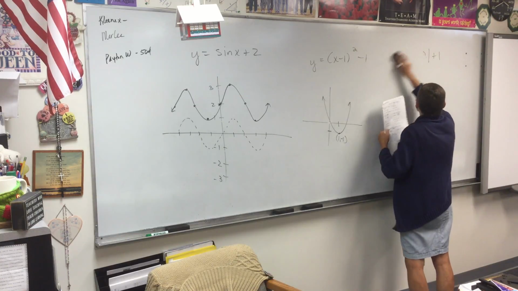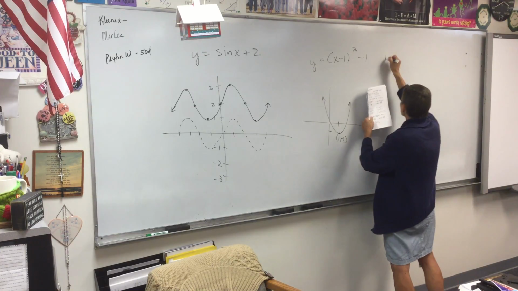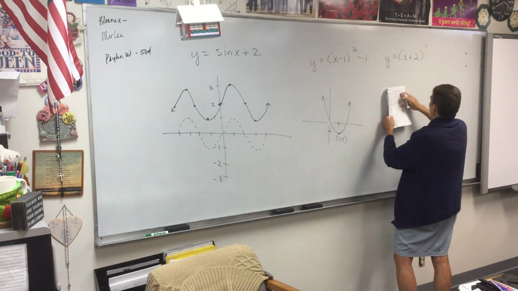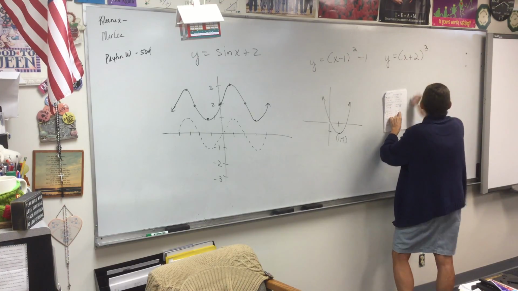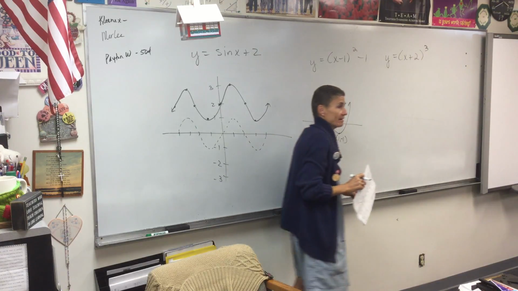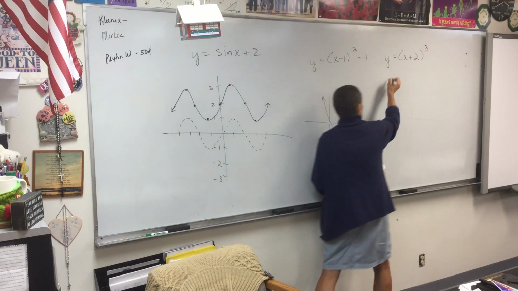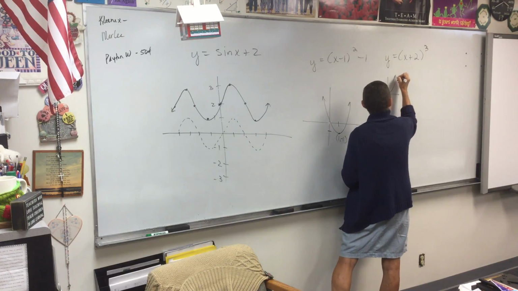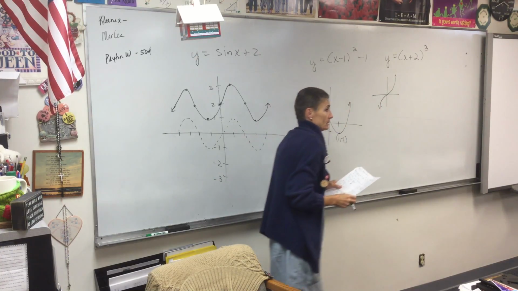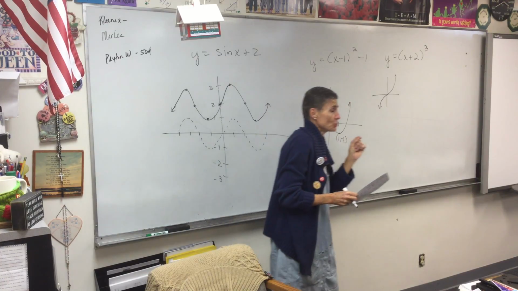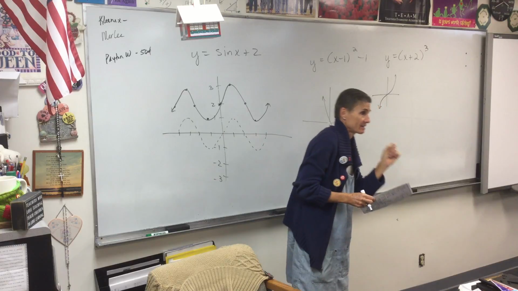Oh, look at D. It is another parabola, isn't it? Oh, no, it's not. It's a cube. That's not a parabola. What shape is that? That's a squiggly, normally squiggling through the origin, right? What did we do here when we put that +2 in parentheses with the x?